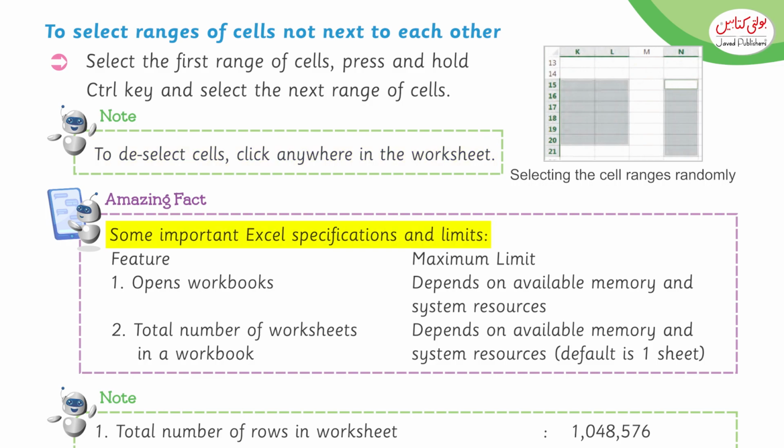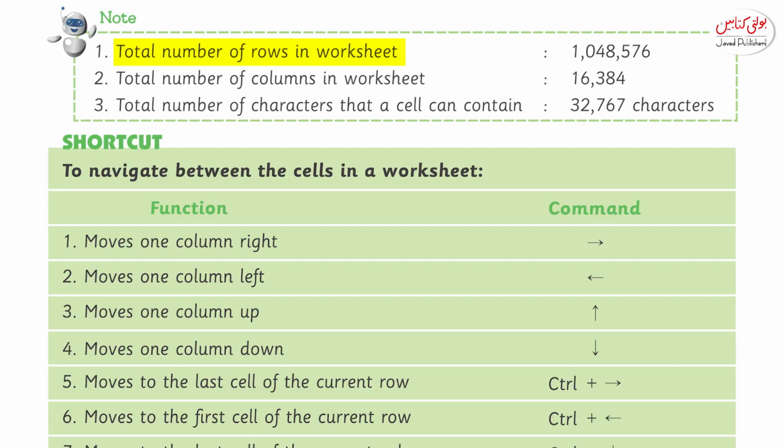Some important Excel specifications and limits. Open workbooks. It depends on available memory and system resources. Total number of worksheets in a workbook. It also depends on available memory and system resources. Default is one sheet. Total number of rows in worksheet: 1,048,576.